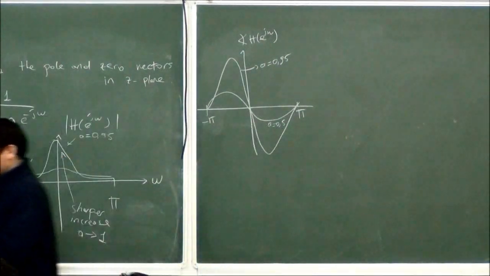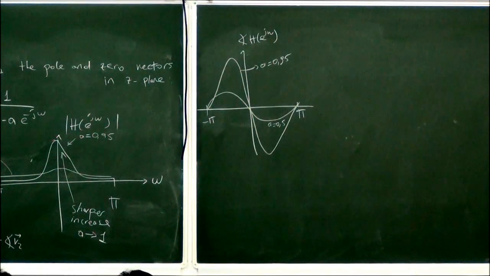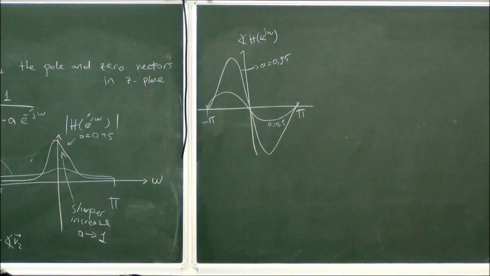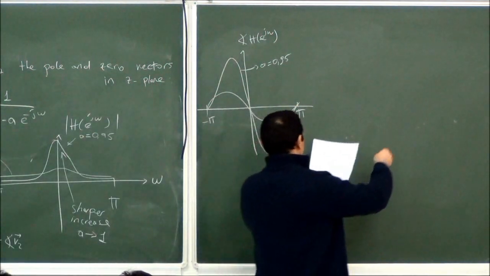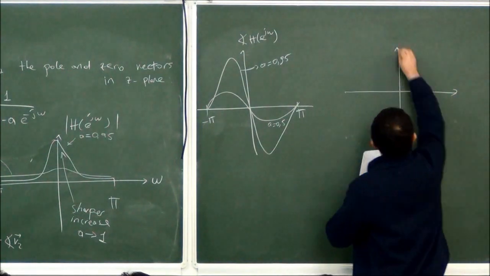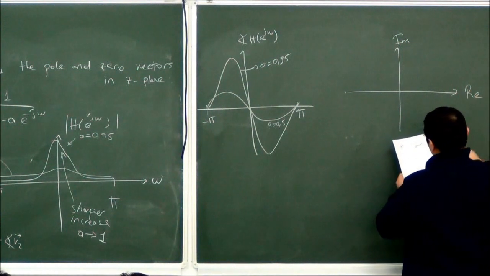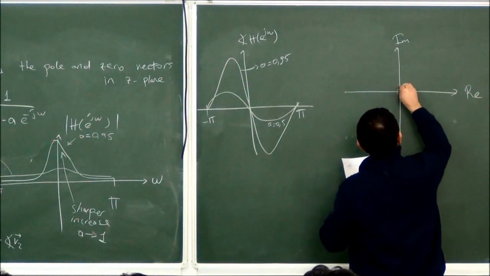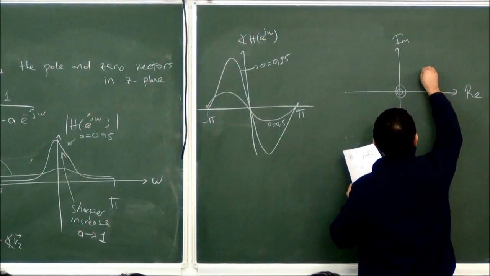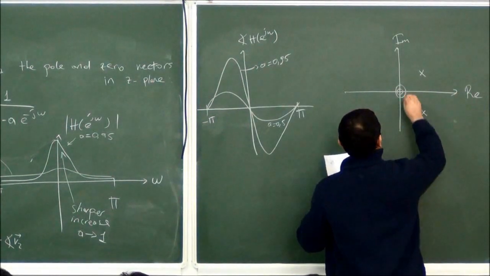Another example for this. So there is a Z-plane. Let's say there is a double zero at the origin, and there are two poles at these points.